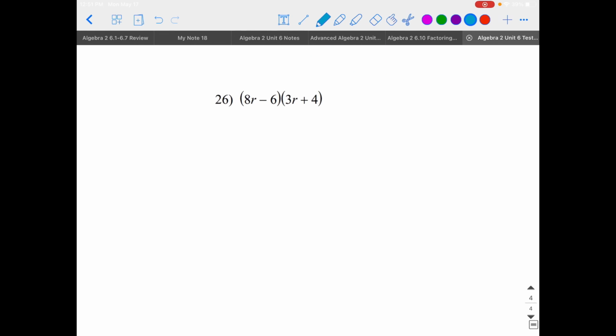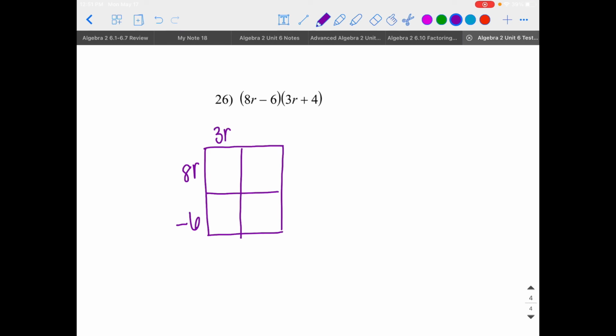Number 26, this time we're multiplying. Notice how those parentheses are right next to each other. That means we're multiplying. So we're going to use the box method. So first we do 8r times 3r. 24r squared. 8r times 4 is 32r.